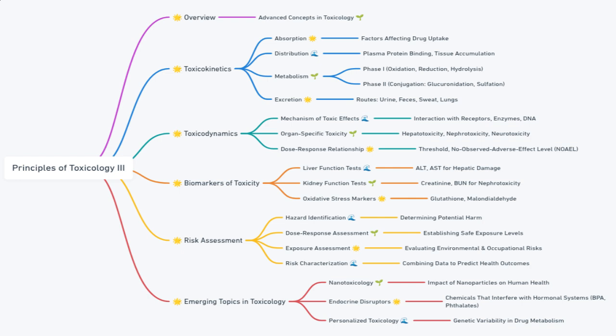Alright, so we'll go ahead with the interaction between chemicals. One thing that you have to realize is that concurrent exposures may alter the pharmacokinetics or pharmacodynamics of the drugs.